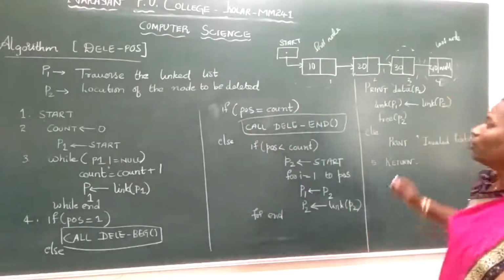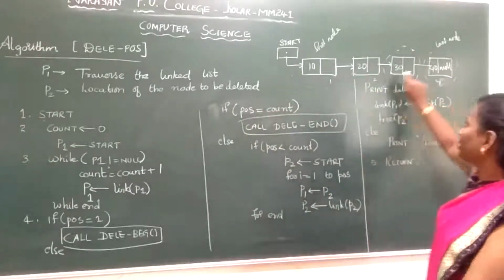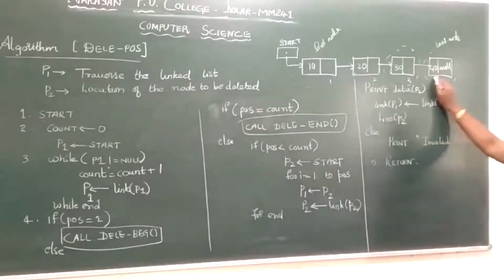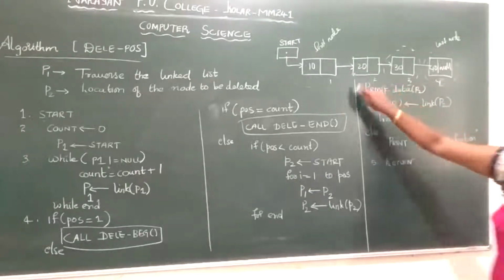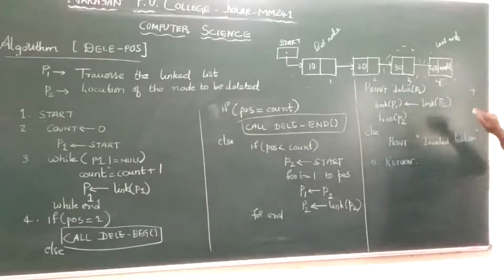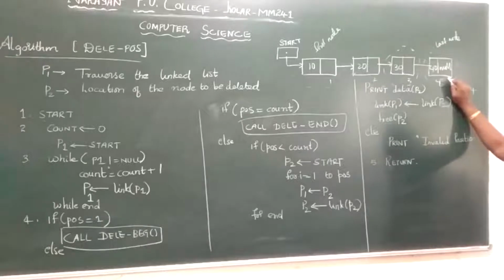What if I want to delete at the end? If position is equal to count, I have reached the end, as my count has been increasing. For example, 1, 2, 3, 4 is my count. If the element to be deleted is 40, the position is 4.